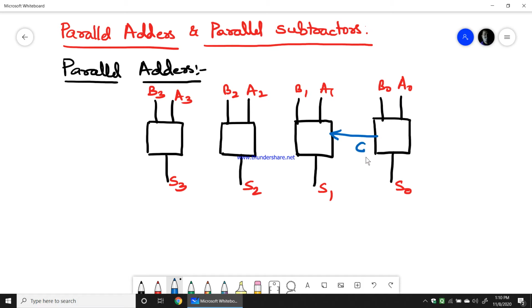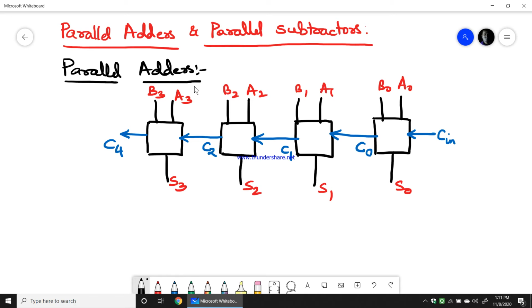So this is carry C0, this is carry C1 and this is carry C2, whereas the carry that comes out here is C4. We will have a carry bit for this also, where every adder used here will have carry in and carry out terminals also. Therefore I'll say C.